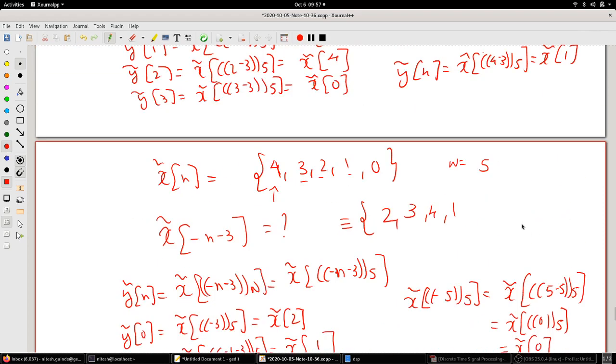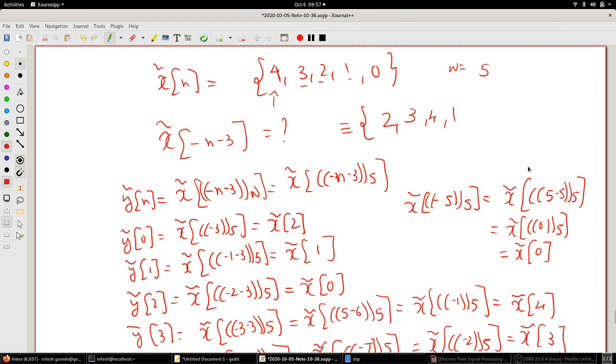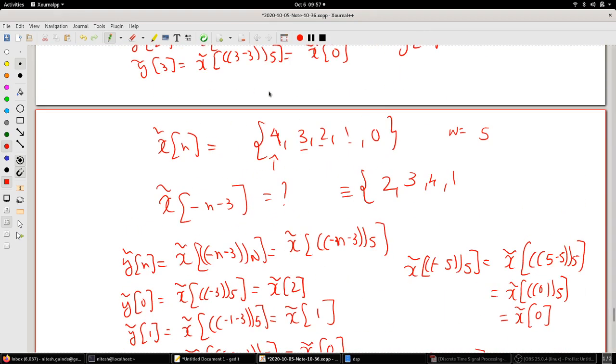So there is one correction here. X tilde of 4 is 0, so that entry will be 0. And y tilde of 4 will be x tilde of 3, which is 1. This is what your new sequence will be.